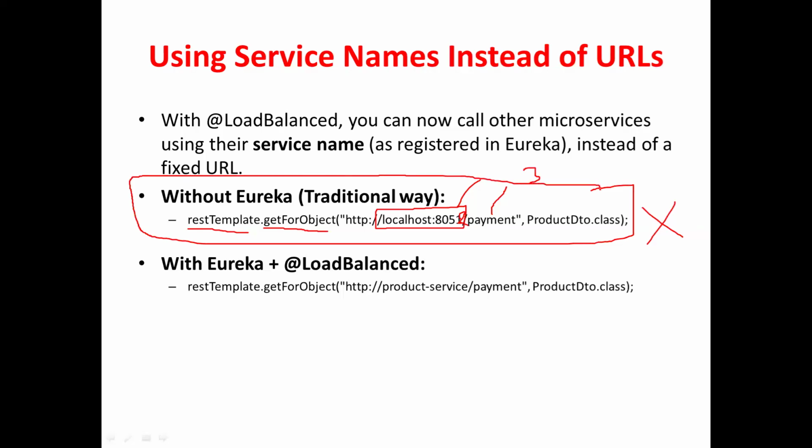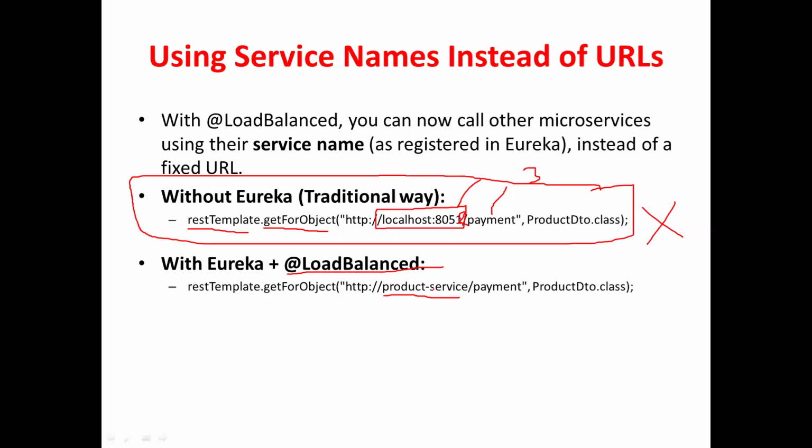To get the benefit, if you add this annotation, you no longer need to use localhost. You can use product-service, and here it should be payment-service. When you create your application, you give an application name, right? Product-service, payment-service, cart-service.